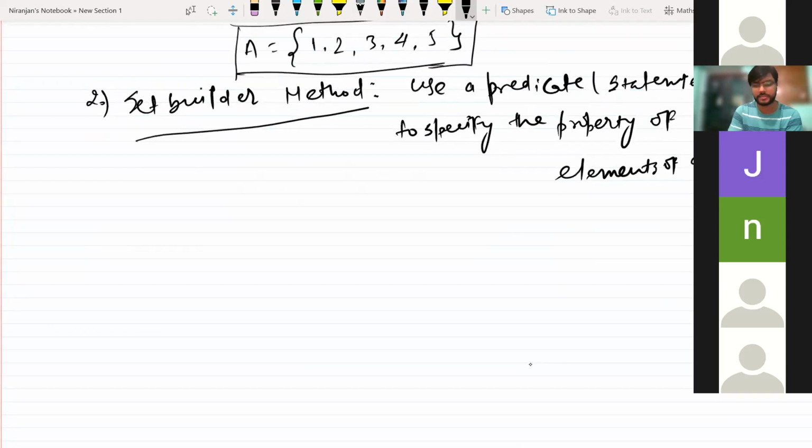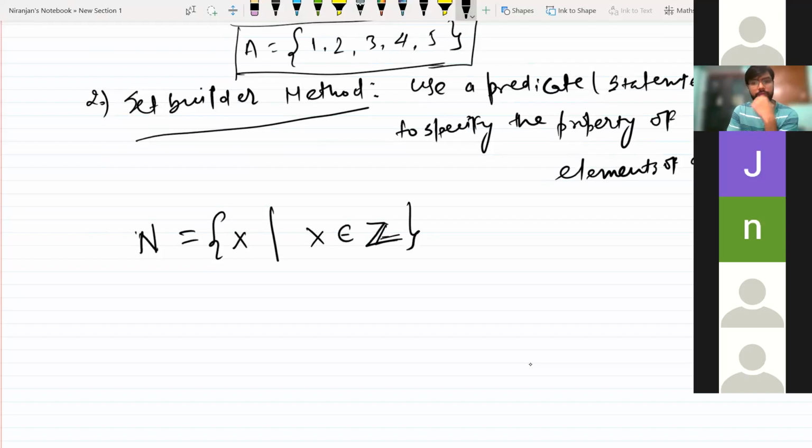So let's take an example. Let's say I tell you that I want a set N which has elements x such that x belongs to the integer numbers. So what did I do?